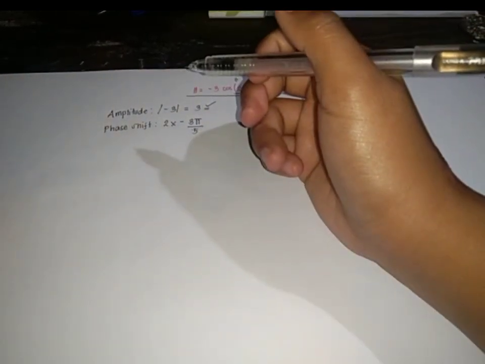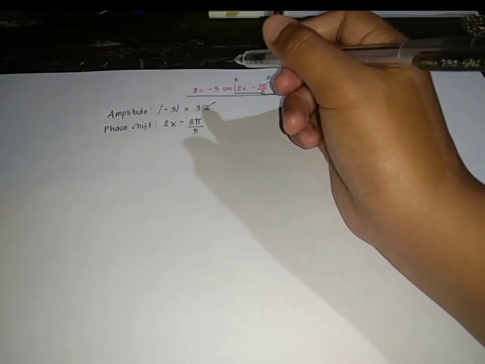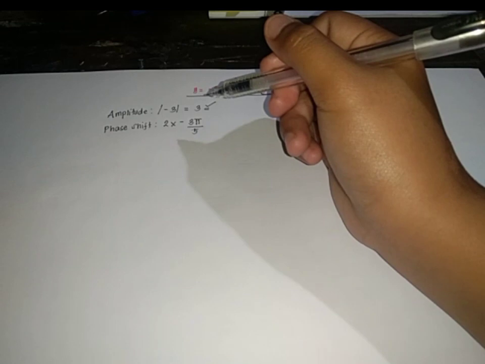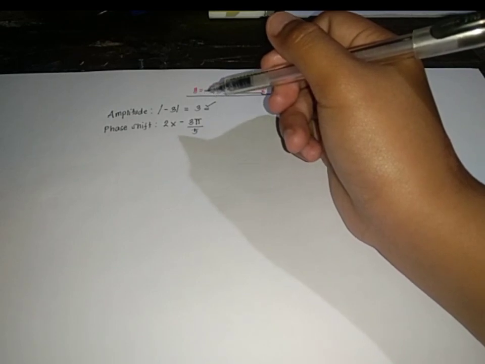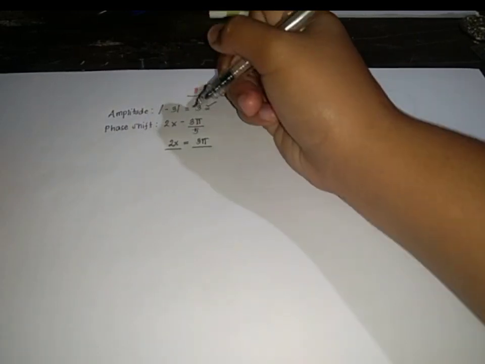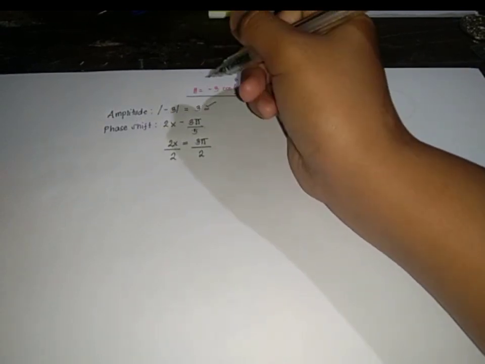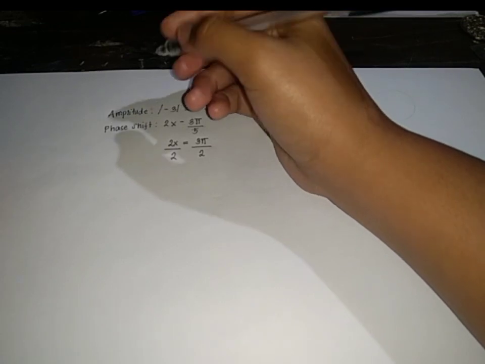Then in order to get 0, we need to transpose 2x to the right side. So we have 2x is equal to 3 pi, and we have to divide both sides by 2 so we can cancel out the coefficient of the x.